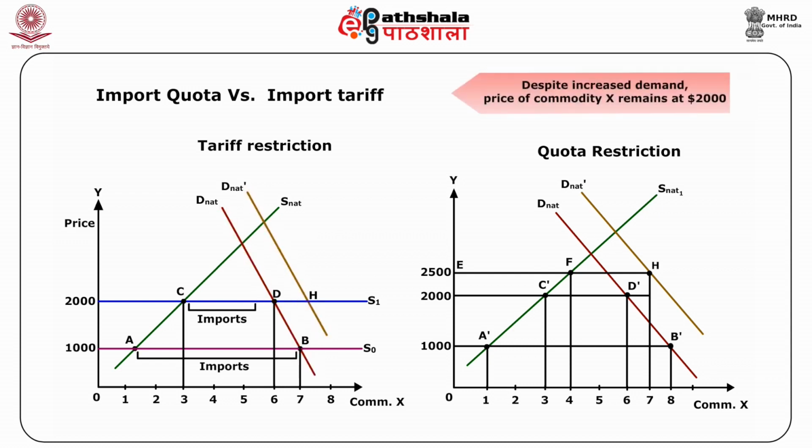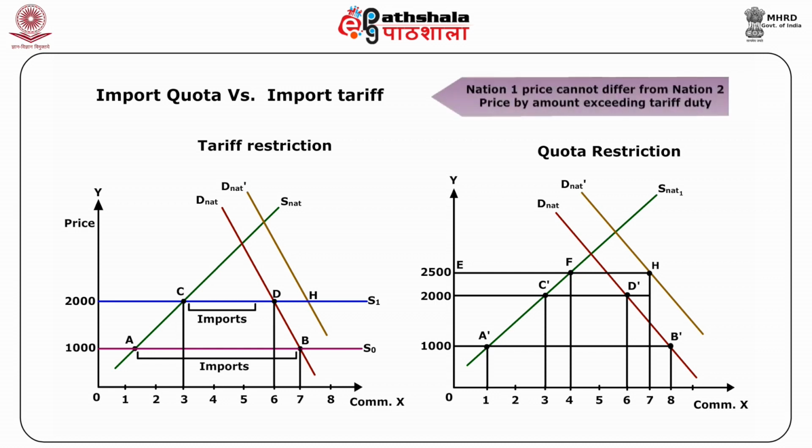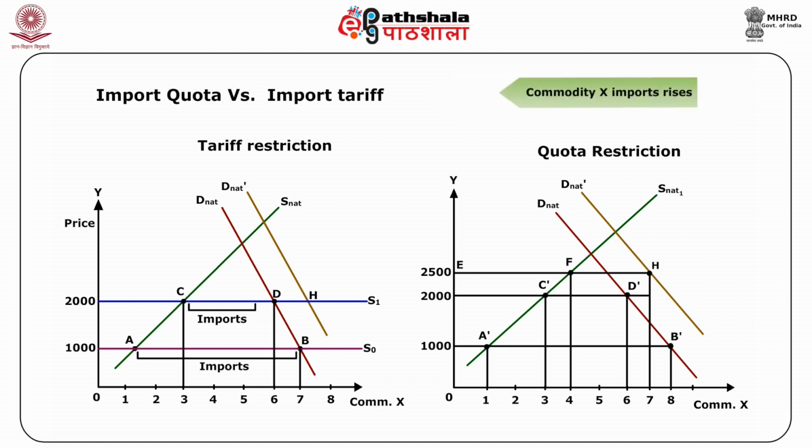Despite the increased demand, the price of commodity X remains at $2,000. This is because nation 1's price cannot differ from nation 2's price by an amount exceeding the tariff duty. Commodity X imports rise from 3 lakh units CD to 5 lakh units CH. So, under an import tariff, prices were not increased further.